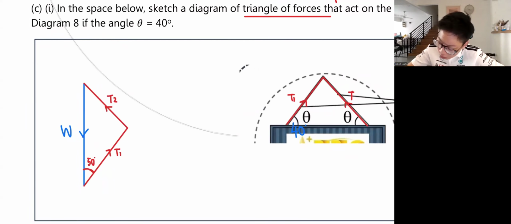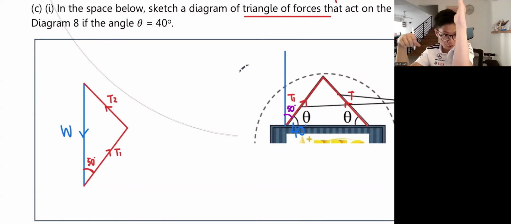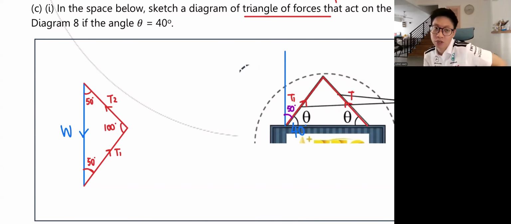How do I know? Come on, guys. If this is a vertical line, obviously this will be 50 degrees, because you are drawing the vertical weight. So this is your 50 degrees, this is your 50 degrees, and this is going to be your 100 degrees. So this is your triangle of forces.